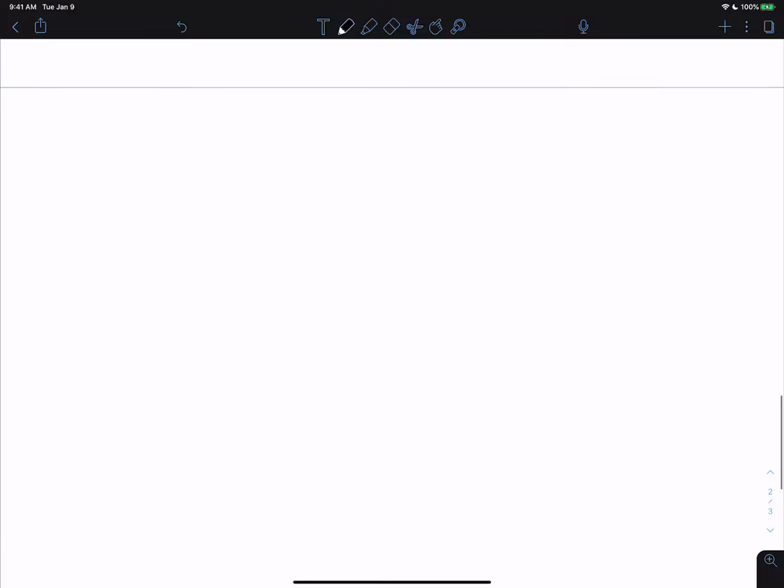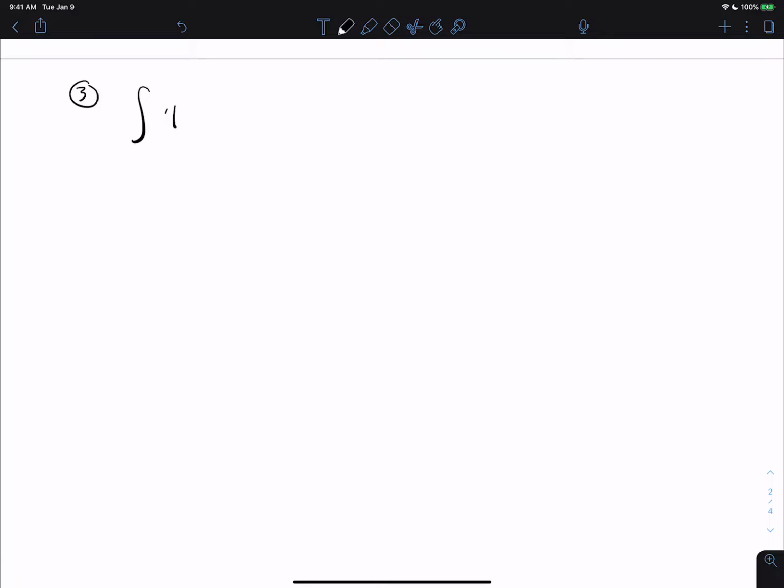Okay, let's do a third example. Let's do the antiderivative of 4x e to the 5x squared dx.